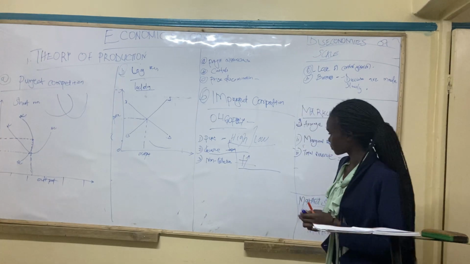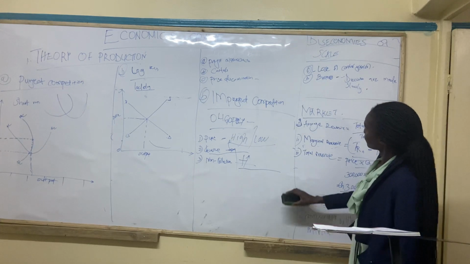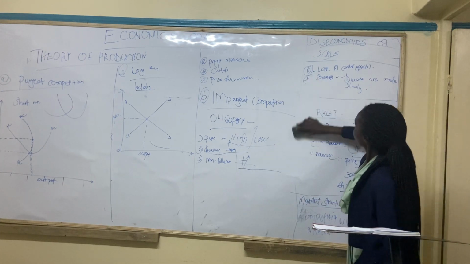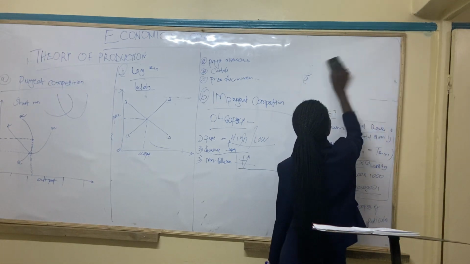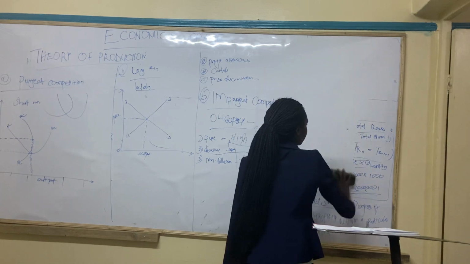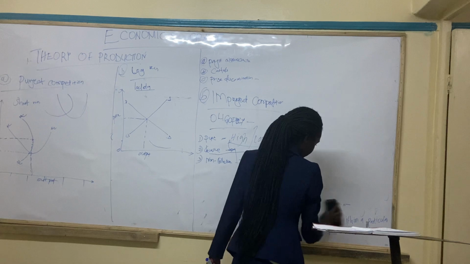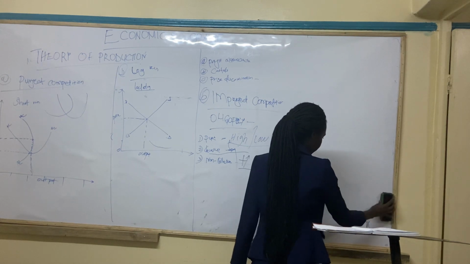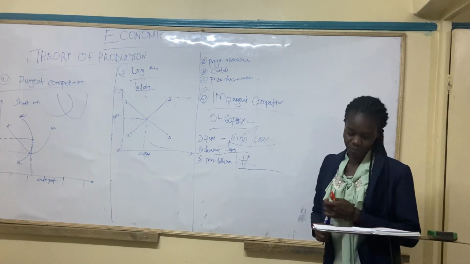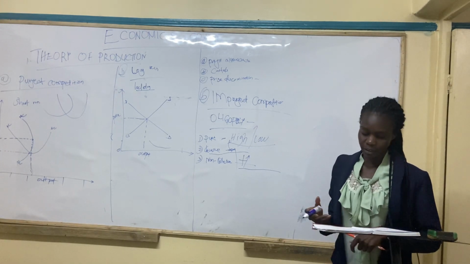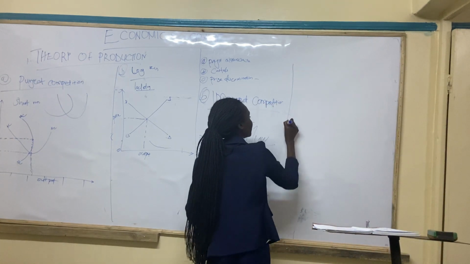And there is an illustration through a curve. This illustration of a non-collusive oligopoly is a demand curve.